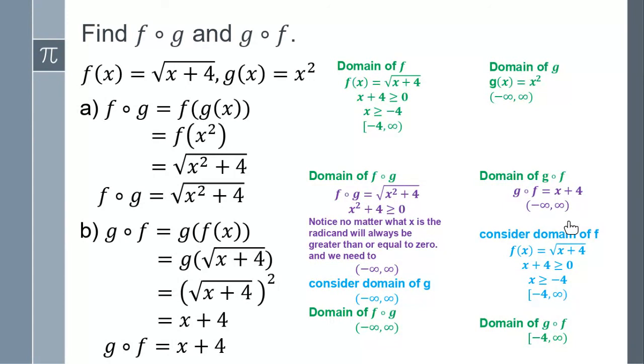So you want to ask yourself, what do the -infinity to +infinity and the -4 to infinity have in common? What they have in common is from -4 to infinity. And so your answer for the domain of this composition is going to be what they have in common, in this case, -4 to +infinity.